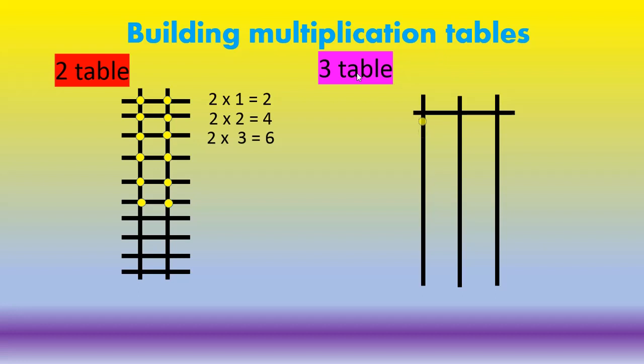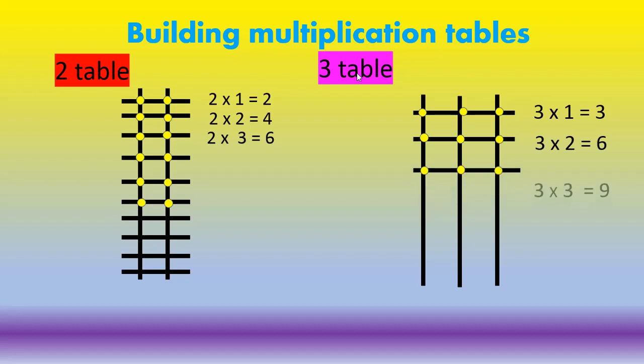We have to mark the midpoints. So 3 1s are 3. Join one more horizontal line, mark the midpoints. So multiplication table, 3 2s are 6. Third one, so 3 3s are 9. So you can keep adding.